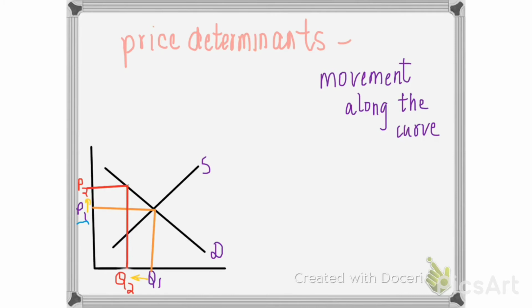So there is a change in the quantity demanded. So there is a change in demand, but it's not through a shift in the curve, it is through a movement along the curve. In a movement along the curve, it does not have to shift to the right or left. It just needs to be moving.